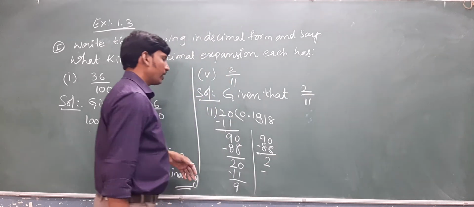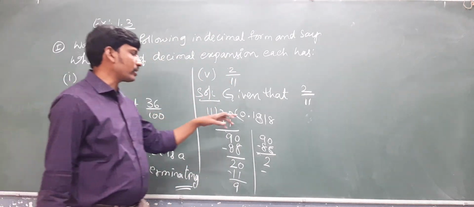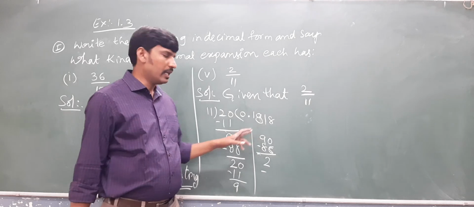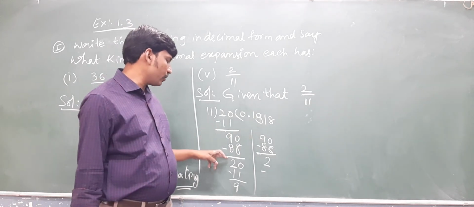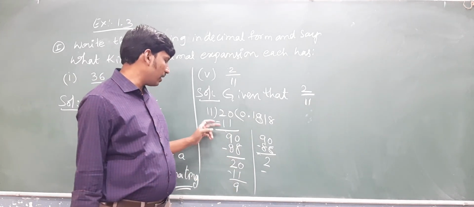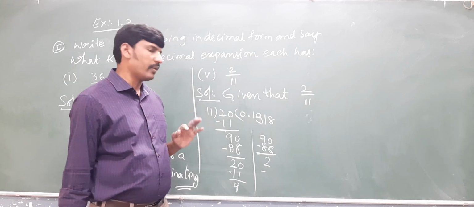So here the digits 18 are repeated in the quotient and the remainders 92 are repeated. So that is 92 is repeated.